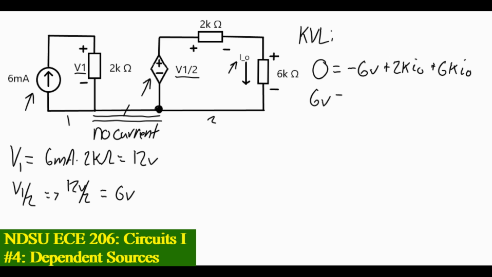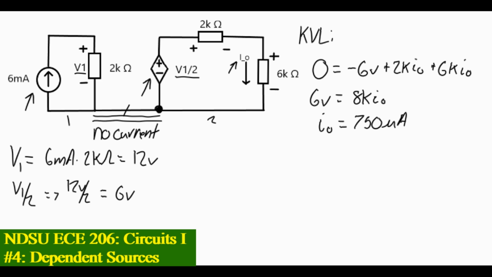That'll simplify to 6 volts is equal to 8K ohms times I.O. I.O. is going to be 6 volts divided by 8K. That is going to give us 750 microamps.